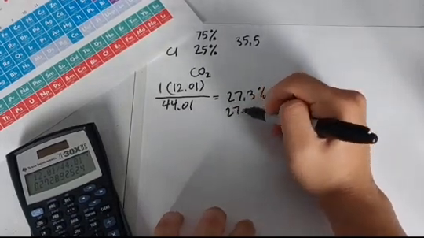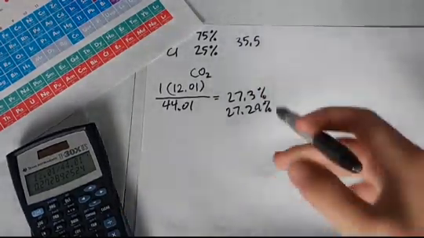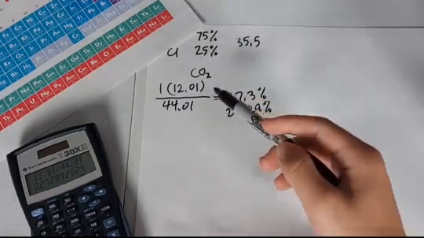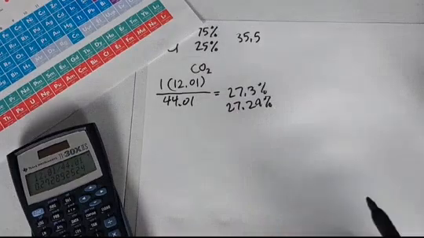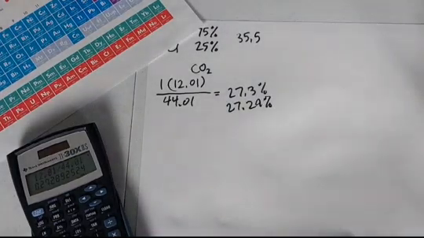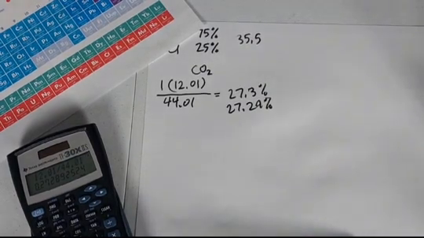Technically, I should put 27.29, but you can see, even though carbon dioxide is only 1/3 carbon, it's actually less for the mass percentage because one atom of carbon weighs less than one atom of oxygen.